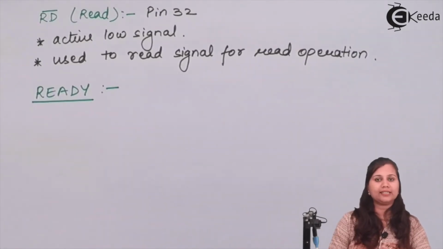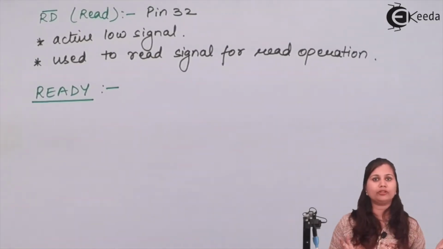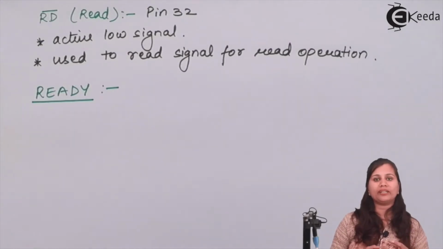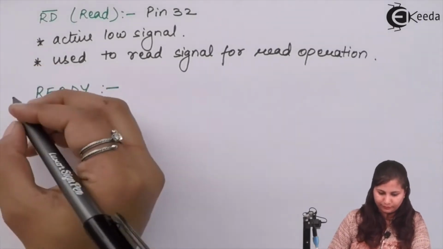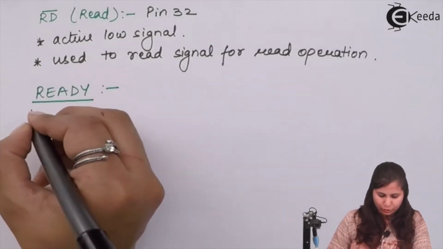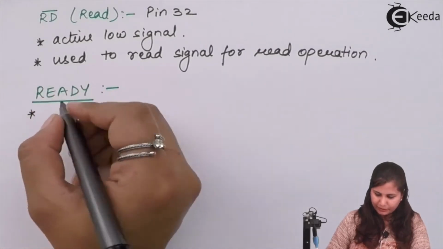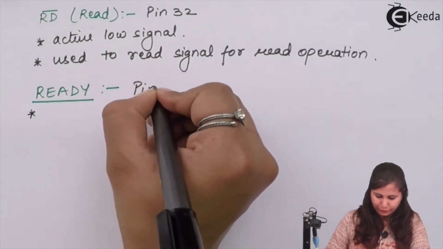So this ready signal is used by the peripheral devices to indicate to the microprocessor that it is ready for the transfer of data, or we can say that it is ready for communication with it. This ready signal is available at pin number 22.